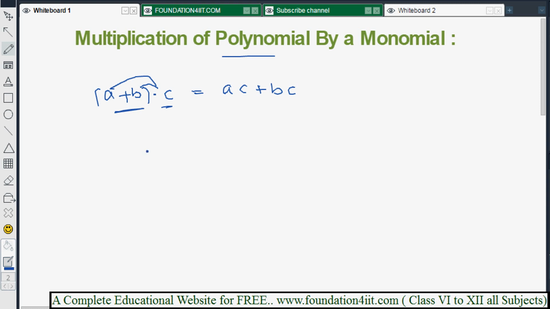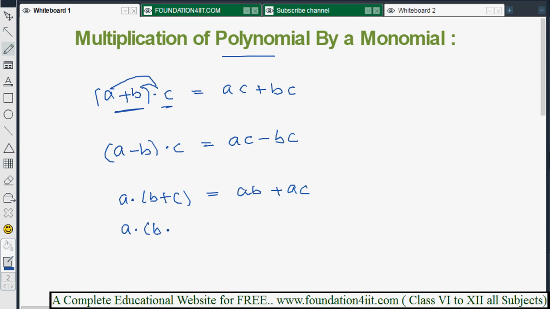It is the same with negative: if it is A minus B into C, then we can write it as A into C minus B into C. Otherwise, A into B plus C, this also you can distribute, from left side to right side: A into B plus A into C. The A value will distribute to both. With negative, A into B minus C, also we distribute: AB minus AC. This concept will apply when you multiply polynomials with a monomial.